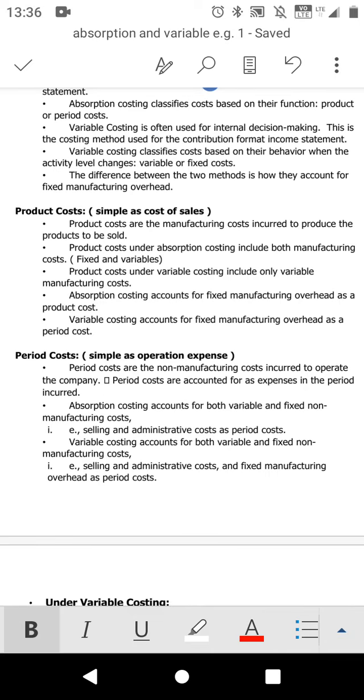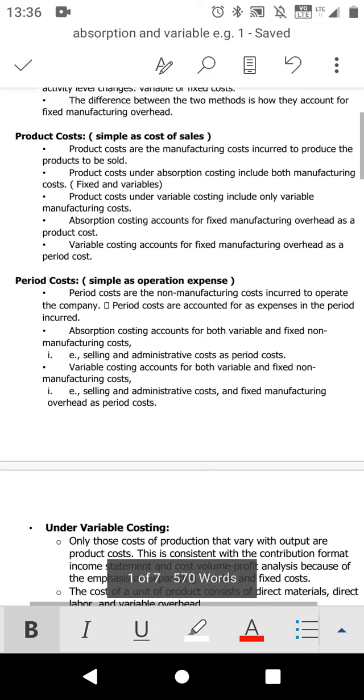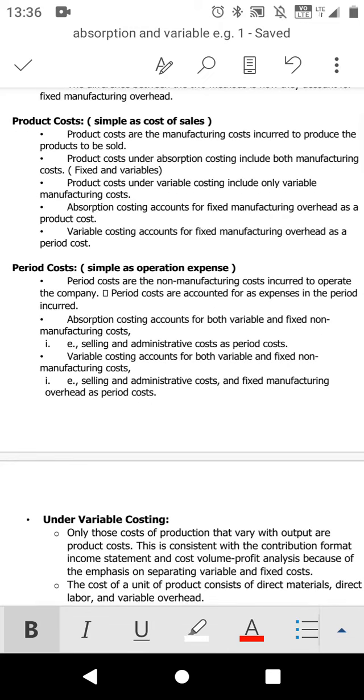Then variable costing accounts for fixed manufacturing overheads as a period cost, because under variable costing we don't include the fixed cost under cost of sales. We are going to account for them as what? As an operating expense. I'm going to explain that in the example. Then we have the period cost.